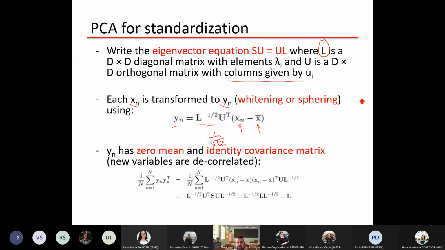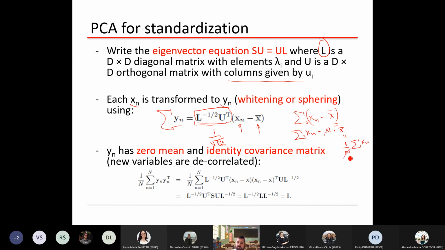y_n has zero mean, because if we apply a summation over all the points, these elements will go in front of the summation, and what we will do is the summation of x_n minus the mean. This one goes out of the summation, and we will have summation over x_n minus N multiplied by the mean, and the mean is 1 over N summation of x_n.